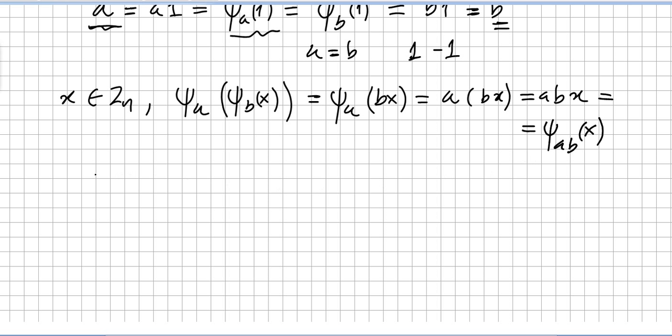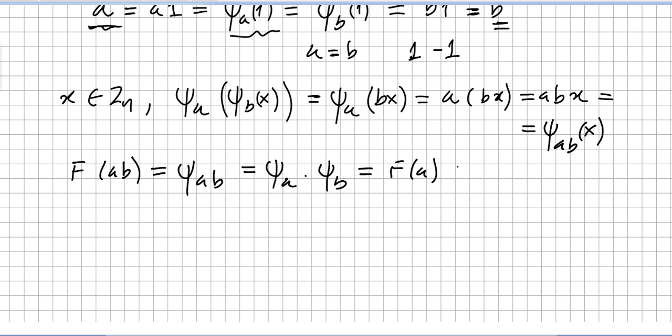So f of ab equals psi of ab, and this is equal to psi of a psi of b, and that is f of a, f of b, right? So this shows that f is operation preserving.